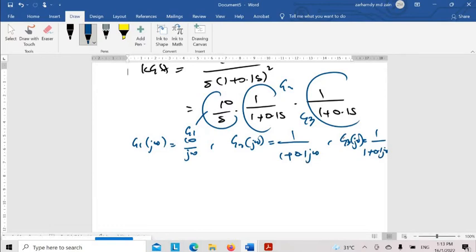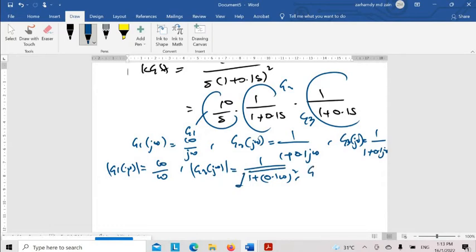From here, G1 gain is 10 over omega. G2 has 1 plus 0.1 omega square, and G3 is the same, 1 plus 0.1 omega square.